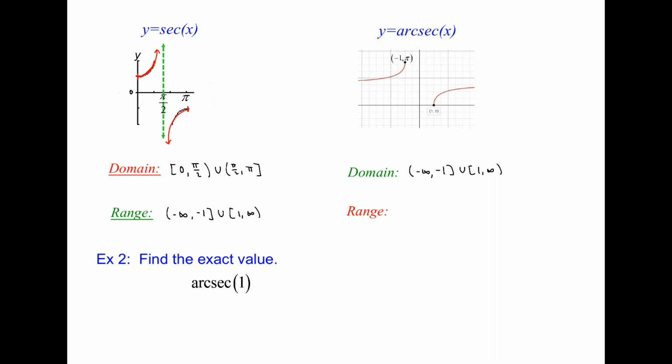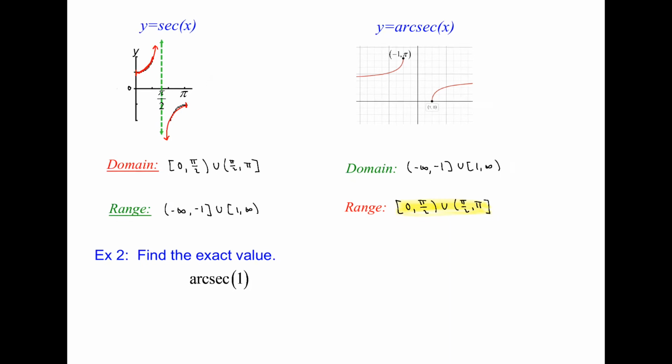And then the range, which we really want to make sure that we're looking at here, is our solutions will only be values between 0 and pi, but not including the angle pi over 2. And so there's our range, and that once again is kind of our main focus with this, is that this is where the range for arc secant of x will fall.